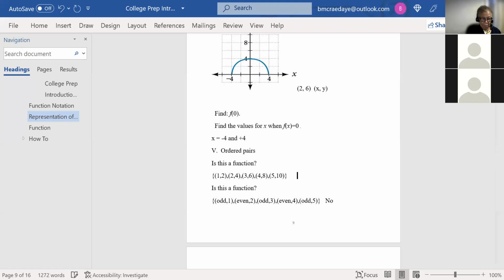Yeah, it's a function, yes. So I'll probably give you an exercise for homework, where I just want you to identify what's a function and what's not a function from the ordered pairs.